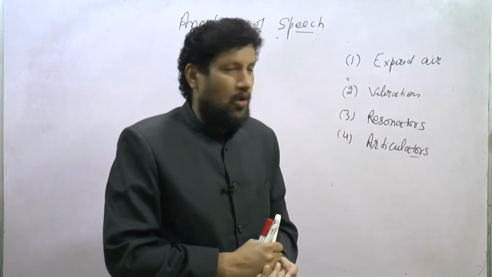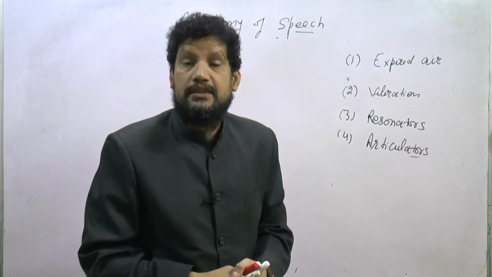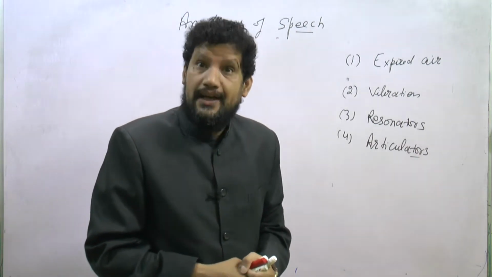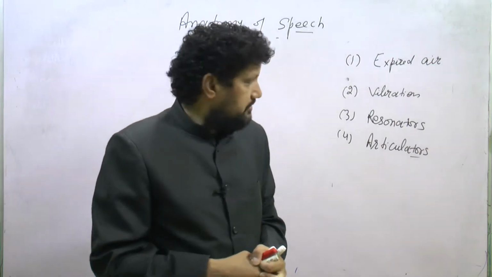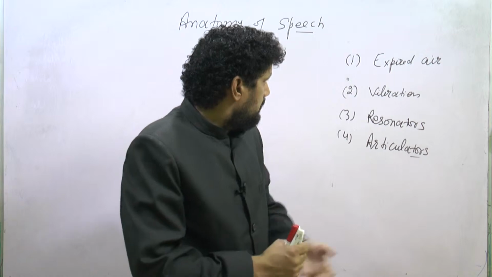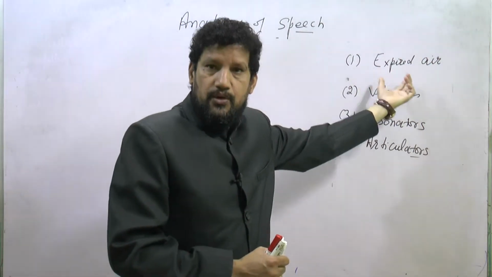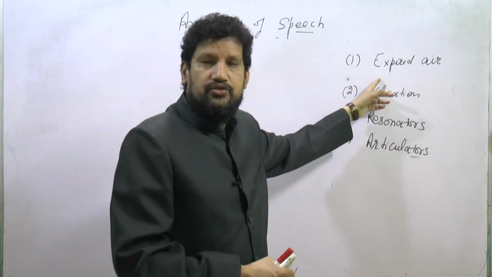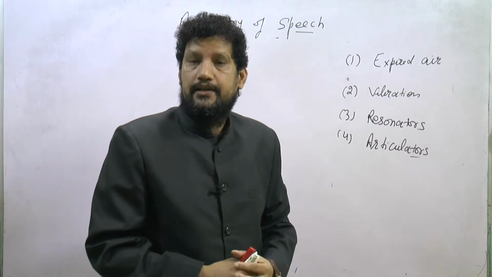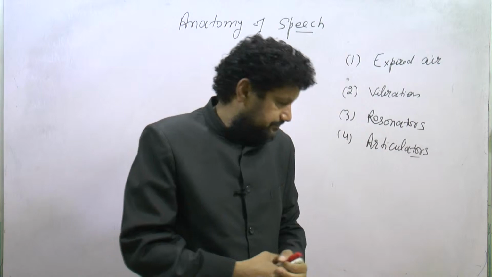So the contraction of all these muscles forms the basis of the energy for the production of the sound and the speech. So the source of energy is coming from the lungs, also from the recoiling of the smooth muscles of the lungs.